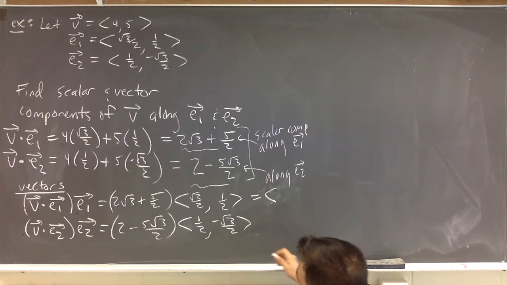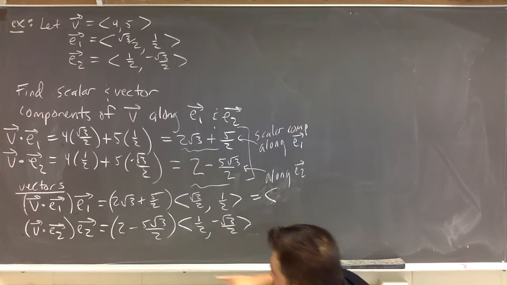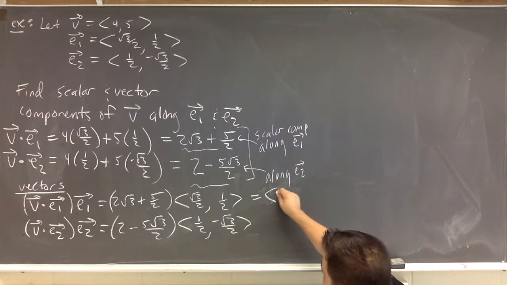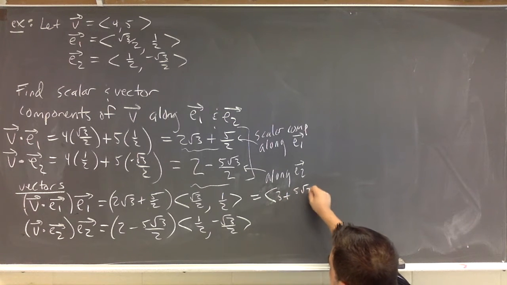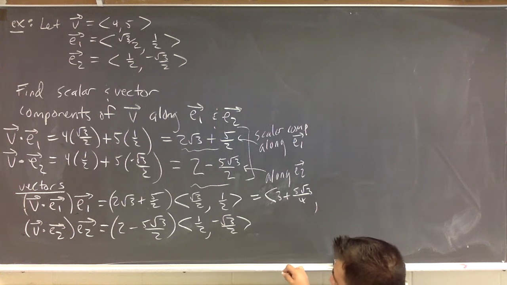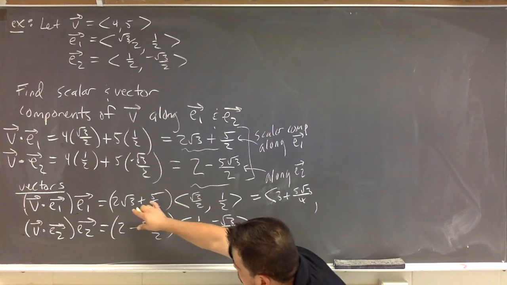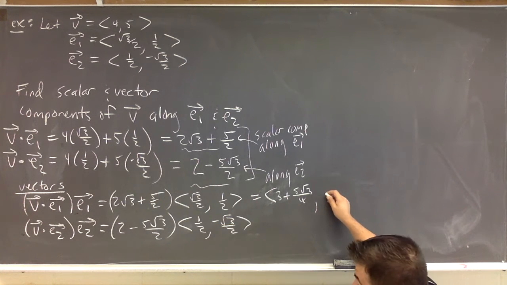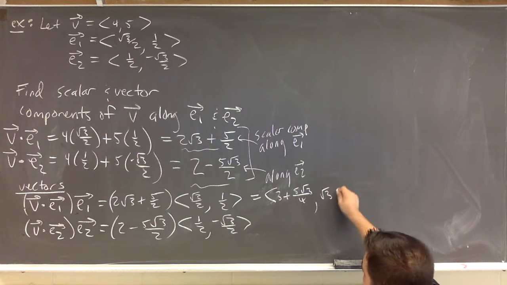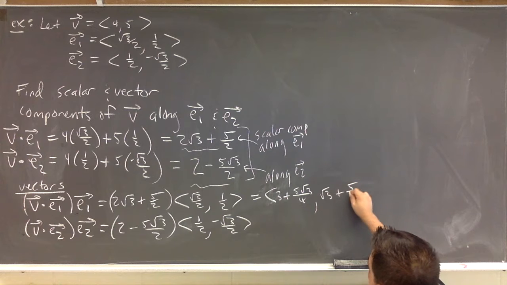Multiply this scalar times root 3 over 2. You're going to get (3 plus 5 root 3) over 4 for the first component. Now take the 1/2 times that value out there, and you're going to get (root 3 plus 5) over 4.